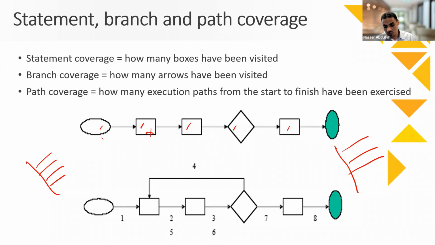Let's go to the next, which is branch coverage. Branch coverage is based on the conditions. If there is any condition in your application, that means there is a branch. For example, for the second flow chart, how many branches do we have here? As I said, a branch is an if statement. If we have a loop statement, there is an if statement inside the loop.